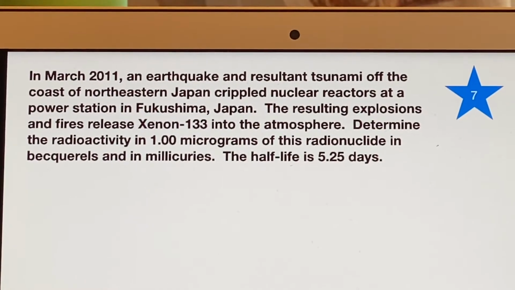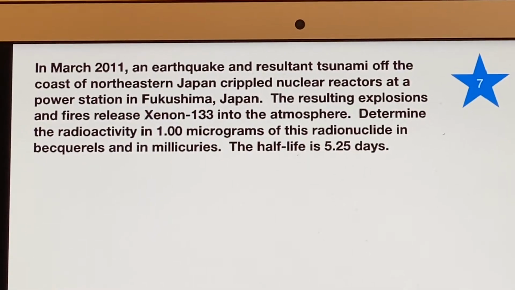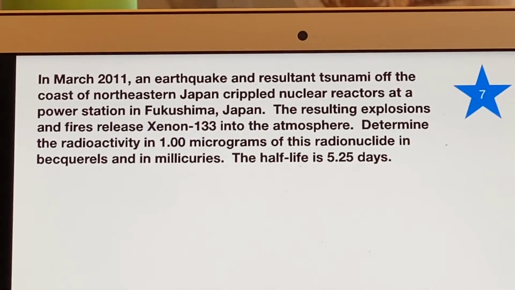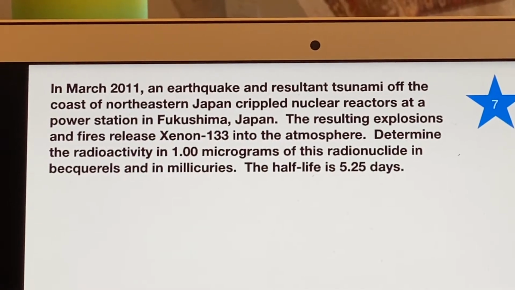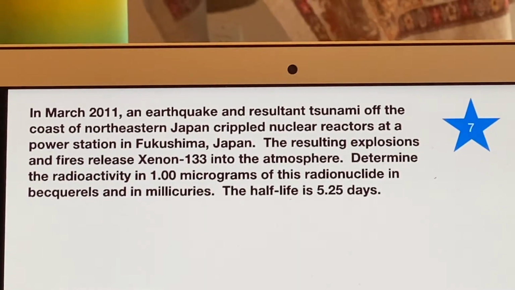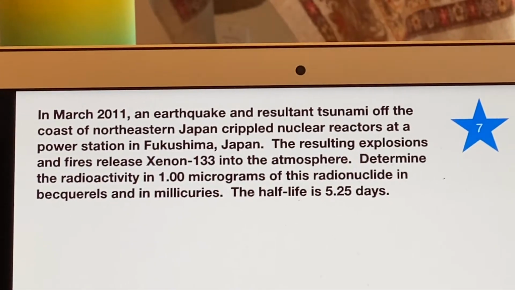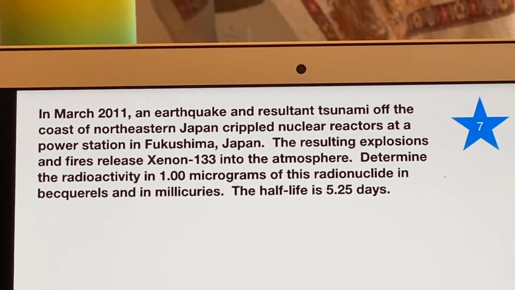One of the things that happened was that xenon-133 was released into the atmosphere. Oh, that's bad. So the question is, how much activity is there if you had 1 microgram of this substance? The half-life is given to us, and they want us to do it in both becquerels and millicuries.